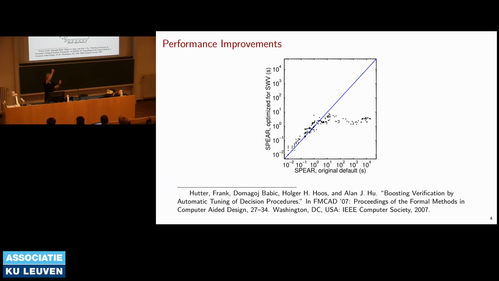So diagonal is, again, the line of equal performance, as in the default configuration and the optimized configuration are giving us exactly the same. And you can see that for the larger problem instances that take longer to solve, we are very far away from this diagonal. In particular, we found an optimized configuration that is able to solve these larger problems in essentially the same amount of time as the not so large ones, whereas the default configuration increases in time there.